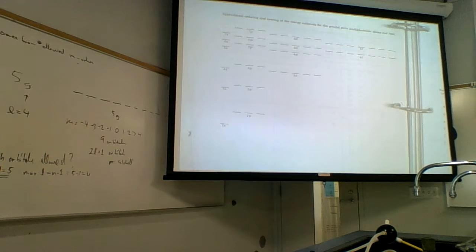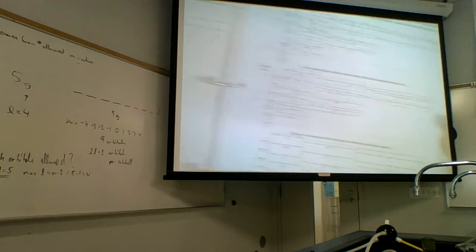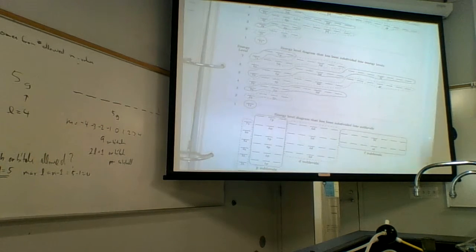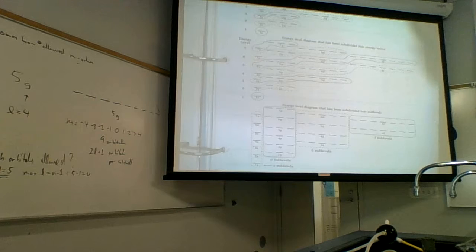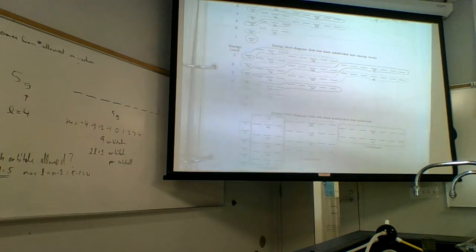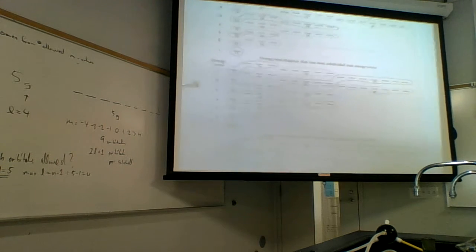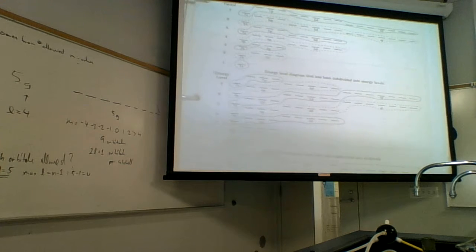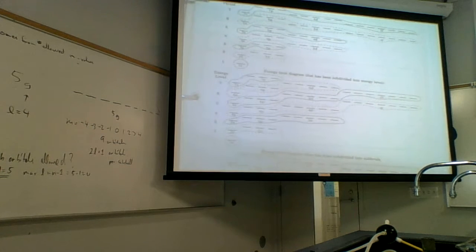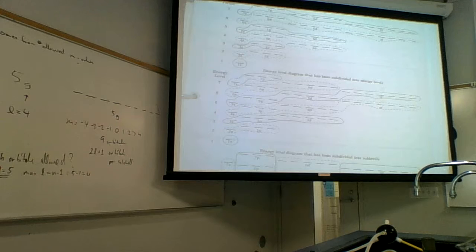Now, that means it becomes weird in the way that the energy levels work. We were talking about the energy levels, like the first energy level, n equals 1, is the lowest energy. And then the next energy level is n equals 2.